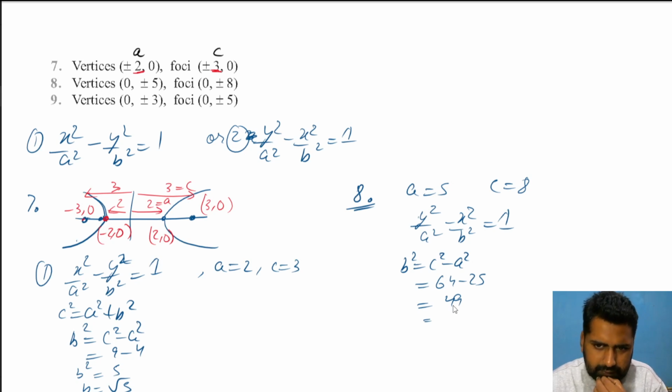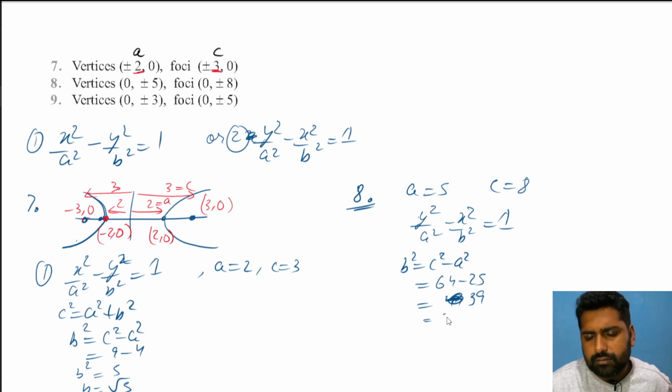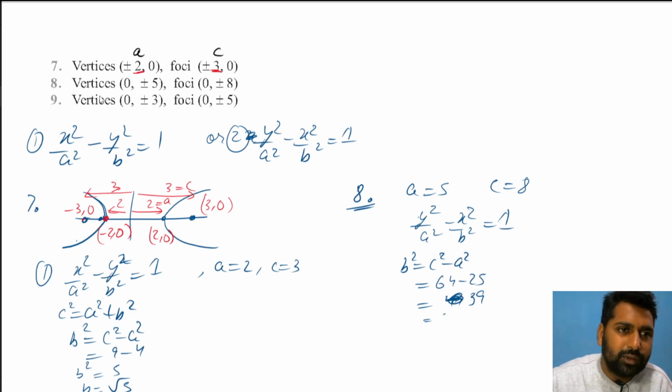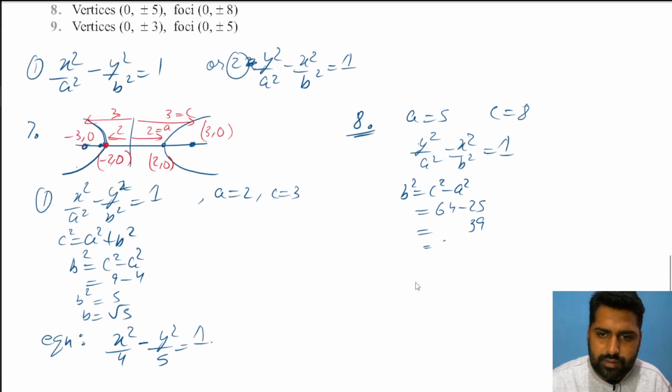49 or 39? I think it's coming 39, not 49. I was expecting 49 because it would have been good. It was a perfect square. Anyway, so B square is 39, so B is root 39.